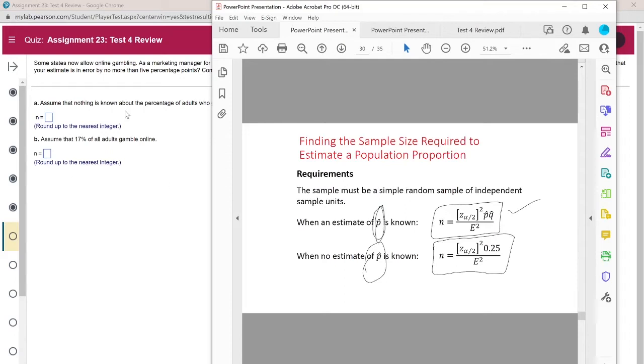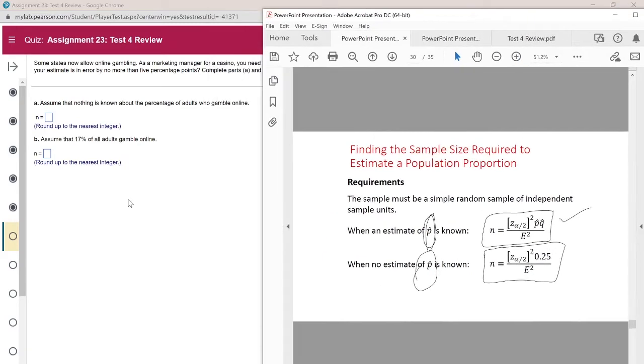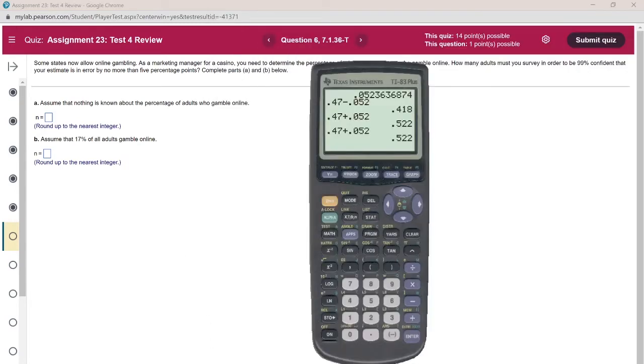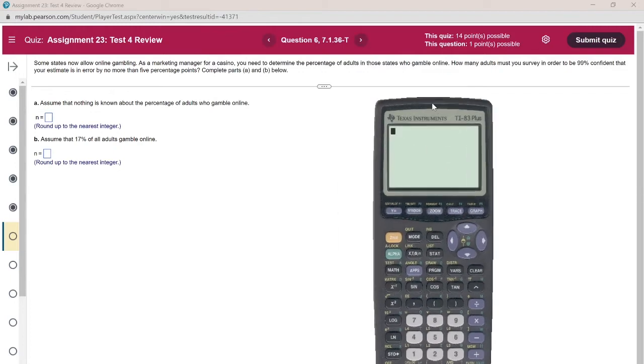Assume that nothing is known, so that means we use the second formula. We need to find the z-score and the margin of error, and then we can find the sample size. So let's look at what the z-score is in this case for 99% confidence.